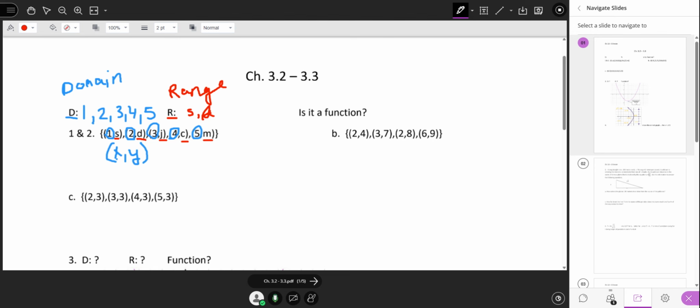S, D, that D went a little sideways. J, C, and M. If that makes sense. Domain is your X, first thing in the parentheses. Y is your range, second value in each parentheses. So, got it for domain and range.